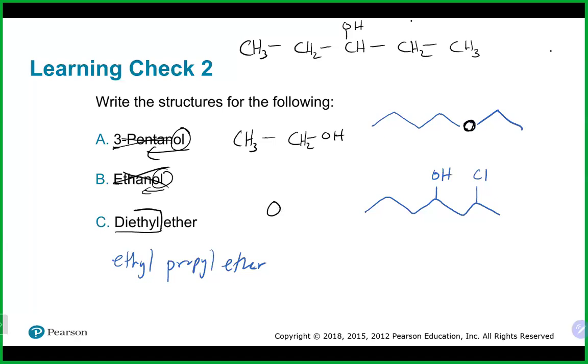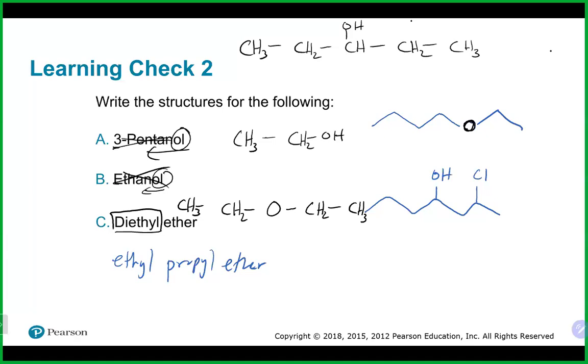Diethyl ether: diethyl means there are two ethyl groups, one on each side of the oxygen. If you're not sure, you could just do the carbons like we normally do. So 2 carbons there, 2 carbons there. Then we fill in our hydrogens. Same idea, we just want 4 bonds. So we'll go H3 here, H2 here, H2 here, and H3 there. Any questions on that?